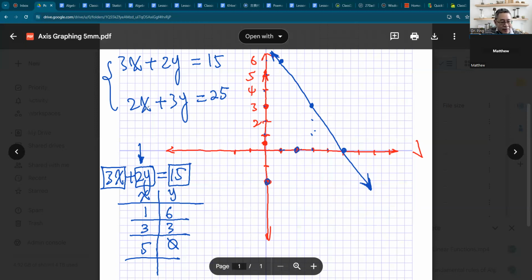Now we need to figure out the second one. Let's write down 2x plus 3y equals 25.